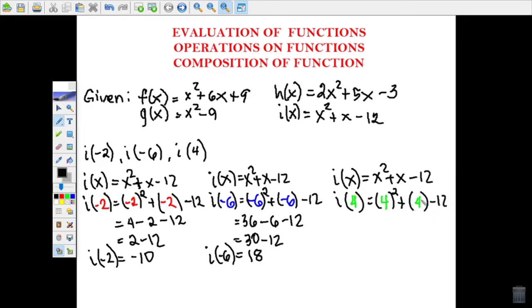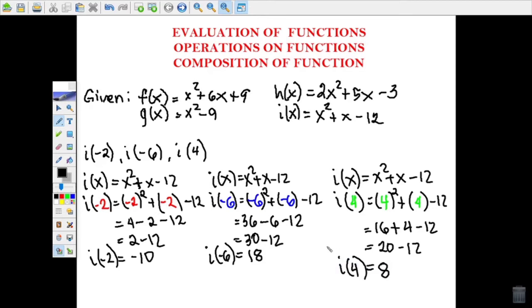Actually, kahit wala ng parenthesis dito, since positive naman siya. Pero, para ma-emphasize na si x ay naging 4, gawin na lang natin ng ganyan. Then, 4 squared is 16, plus copy 4, copy minus 12. Then, 16 plus 4 is 20, minus 12. So, 20 minus 12, when you simplify, that is 8. So, therefore, I of 4 is 8.